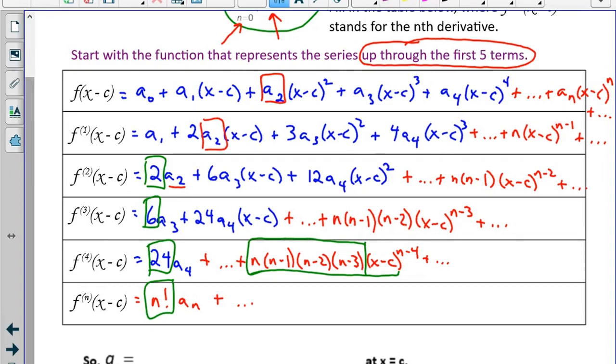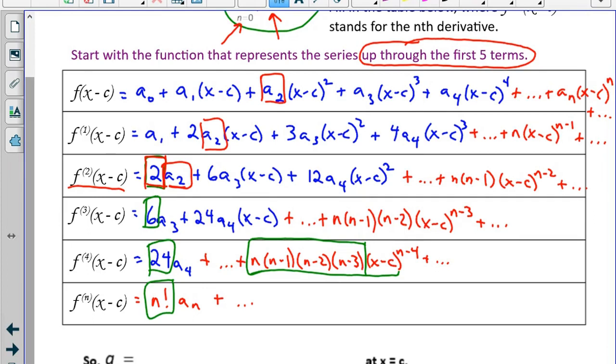By the end of this, this just becomes 2 times a sub 2 plus a bunch of other stuff, and that's equal to the second derivative evaluated at x minus c. So if I want to get a sub 2 all by itself, I'm essentially dividing by 2, or dividing by n factorial, and then I can end up getting what that a sub 2 is.